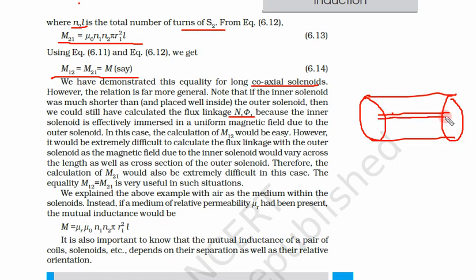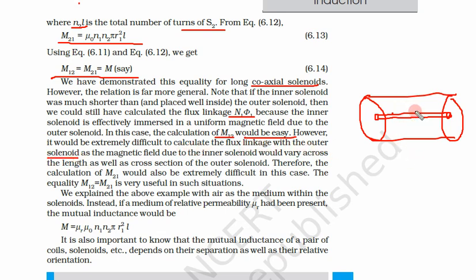Since the inner solenoid is very small, and you know that the magnetic field inside the bigger solenoid, especially in the middle, is quite uniform, we can easily calculate this flux linkage. So calculation of M12 would be easy. So this is the first case. However, it will be extremely difficult to calculate the flux linkages with the outer solenoid.